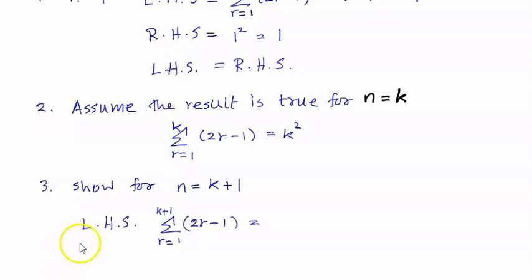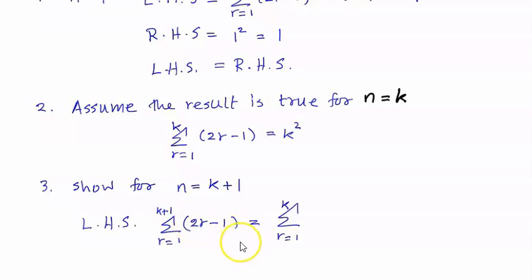Since I have made an assumption, which I have here, I can write this sum, which goes from r equals 1 to k plus 1, as the sum of this result on the left side plus another term. So what does that mean? If I just let this go from 1 to k, then that will take care of the first k terms of this form, but there will be an additional term.